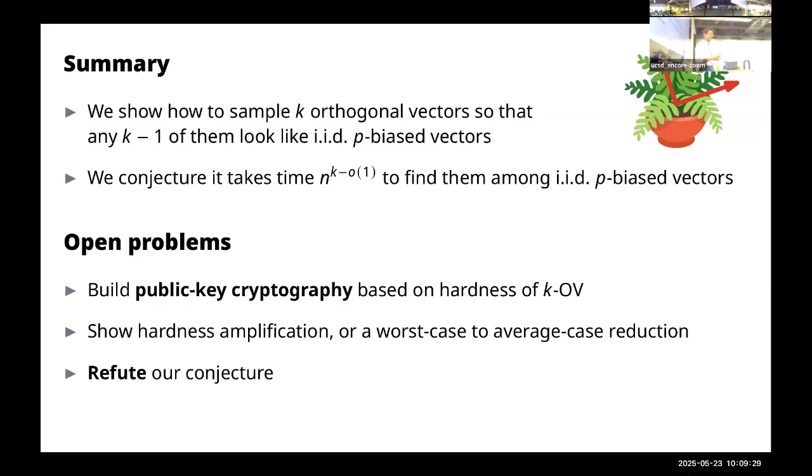So maybe this distribution is really easy. Maybe you can tweak the polynomial method a little bit; well, a little bit doesn't work, we tried, but maybe a medium-sized tweak of the polynomial method could refute our conjecture, which we would be really happy to learn. Thank you very much.